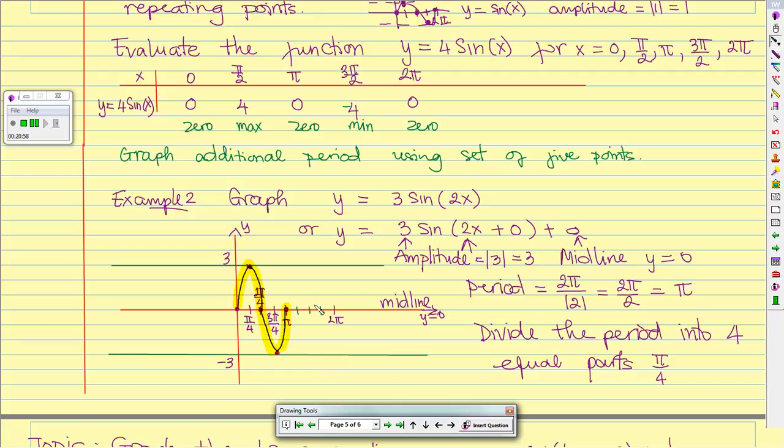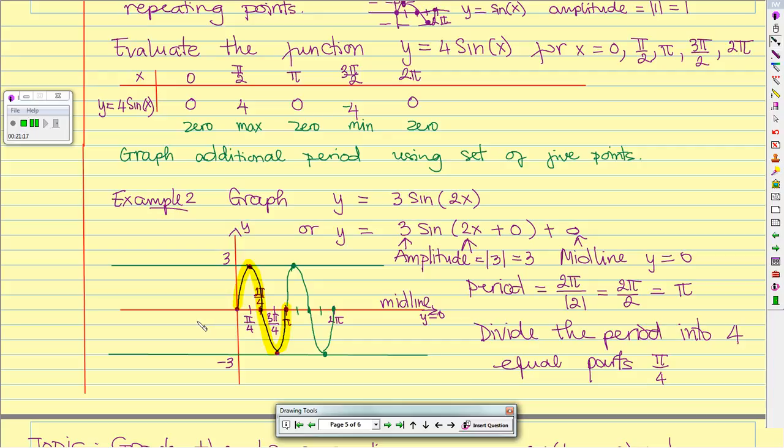So now we will have, and again divide my second period into 4, and then from 0, maximum, 0, minimum, and then 0, and then we connect my 5 points. So this will be two periods of the graph.